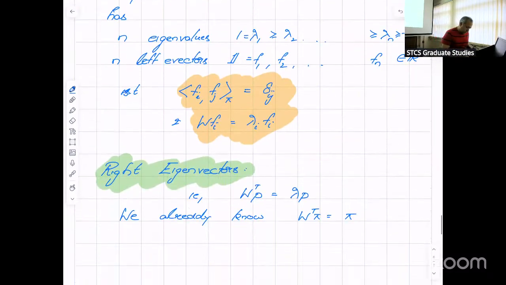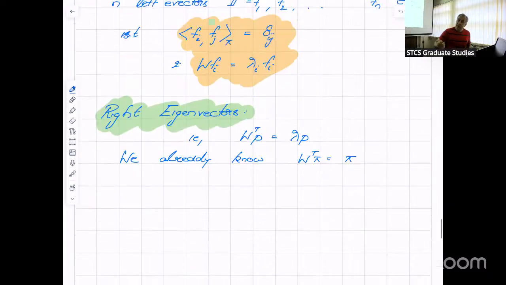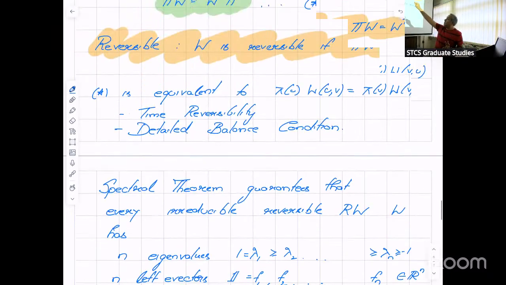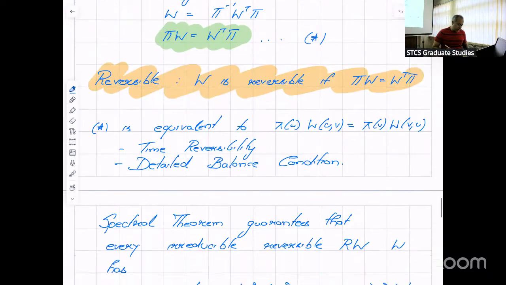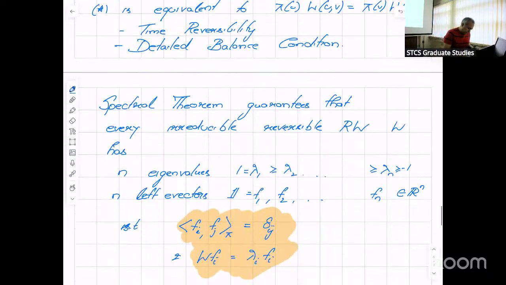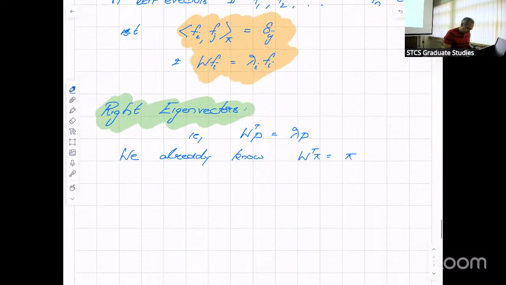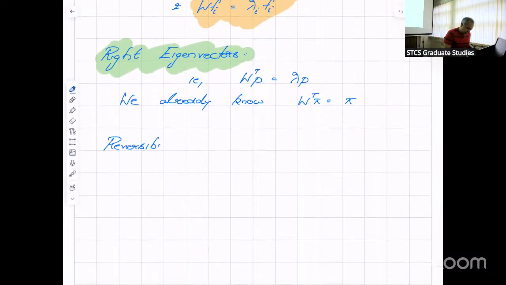So what was W transpose? Let's recall that. We are working with reversible matrices now. So reversibility guarantees to us that W transpose is pi W pi inverse. That's what we had.